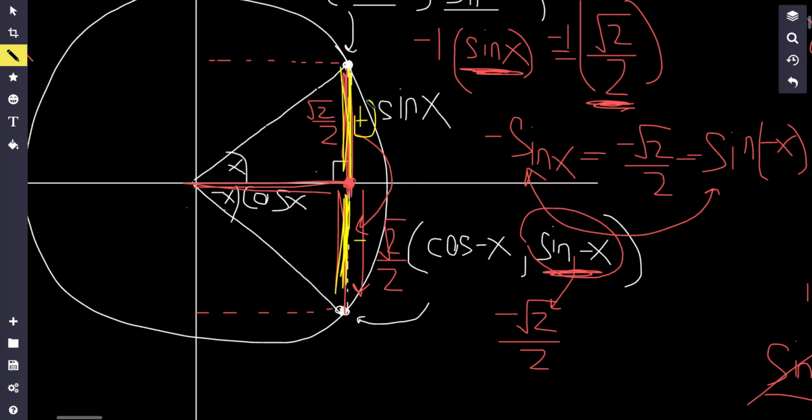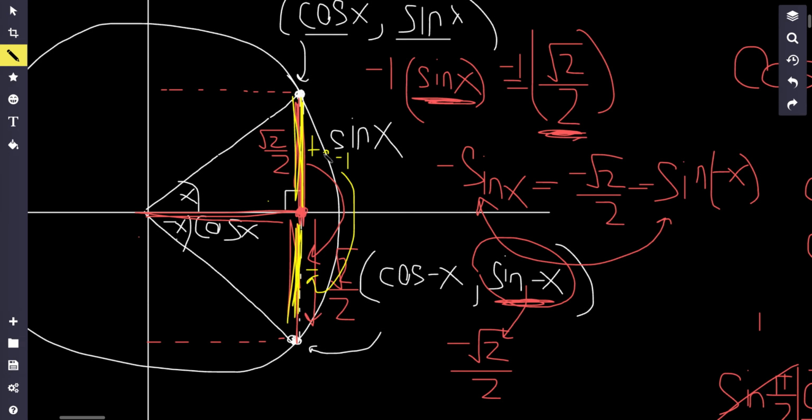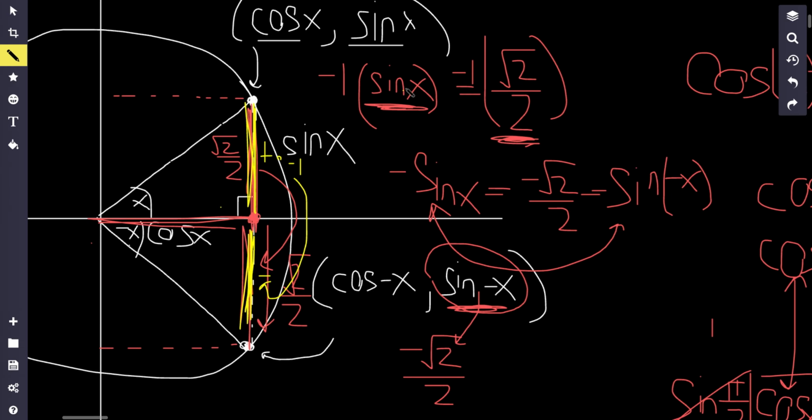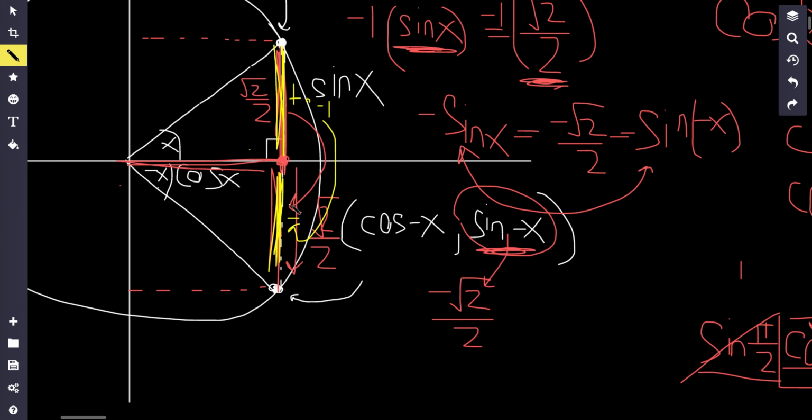If I take this positive value and multiply it by negative 1, I get the negative value that I had with the negative x degree angle. So if I multiply my positive radical 2 over 2, which is sine of x, by negative 1, I get negative radical 2 over 2, which is sine of negative x, because we're going the same distance downwards as we are going upwards.